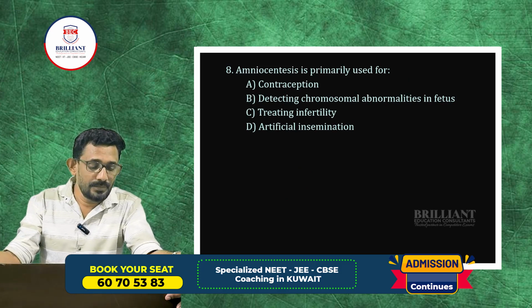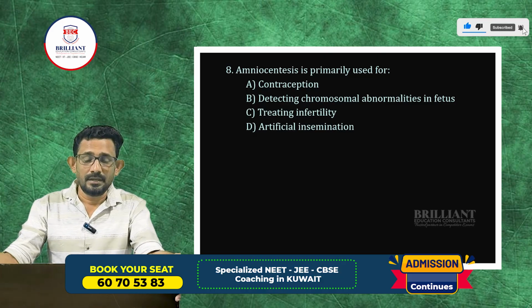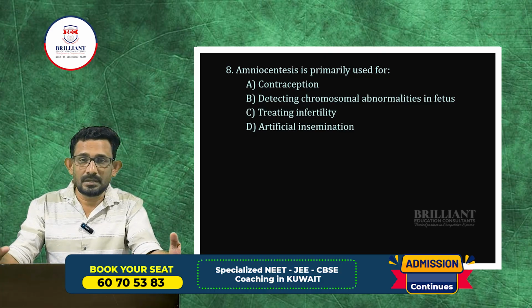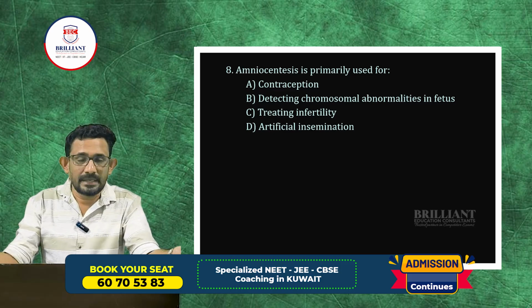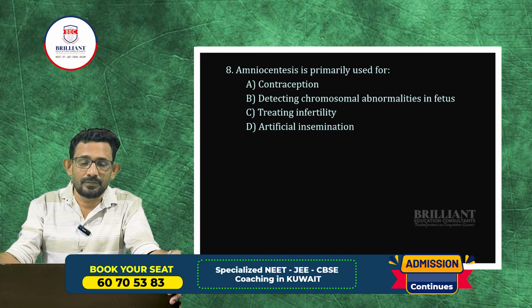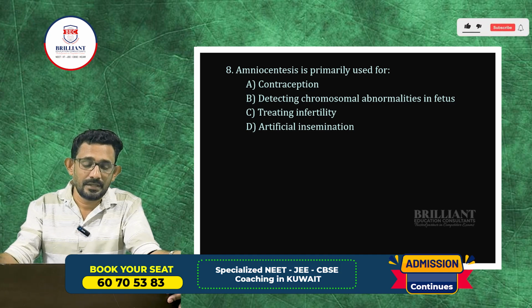Eighth question. Amniocentesis is primarily used for. Amniocentesis is a technique. The baby in the mother's womb grows inside a sac called the amniotic sac. Inside the amniotic sac, a fluid will be there. That fluid is called amniotic fluid. So during pregnancy, a little bit of amniotic fluid will be taken, and after testing this amniotic fluid, the doctors can diagnose whether the baby is affected with any chromosomal abnormalities or genetic disorder.